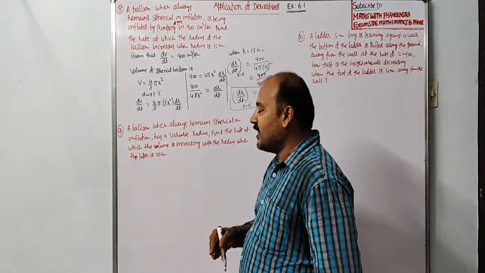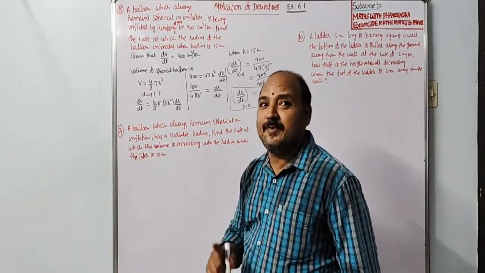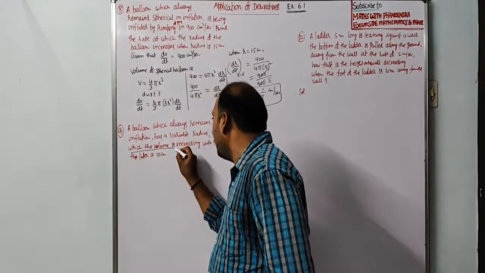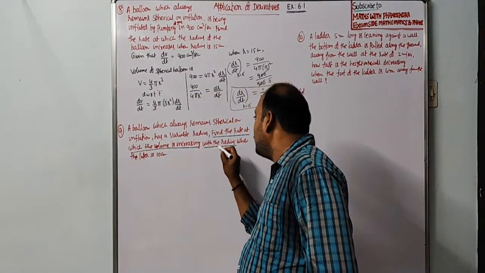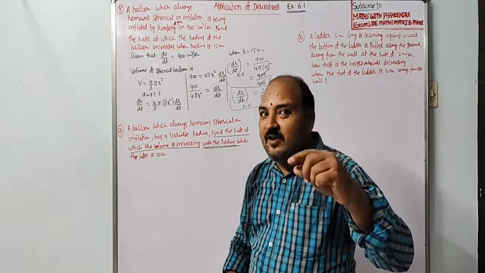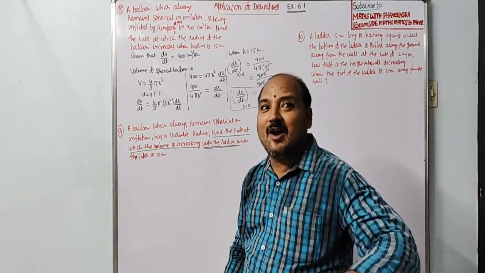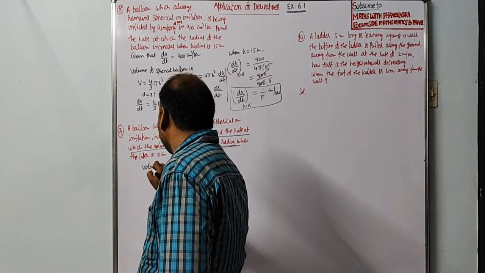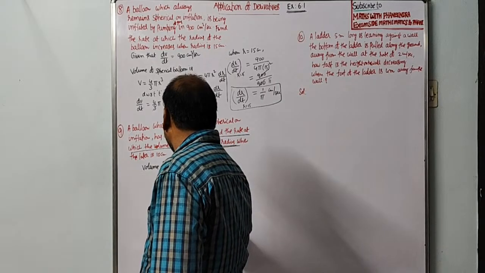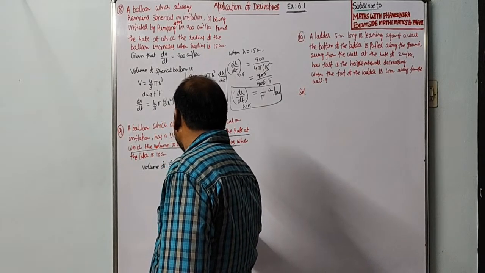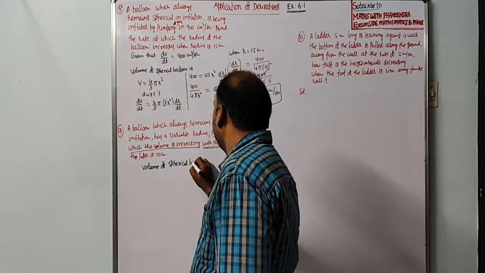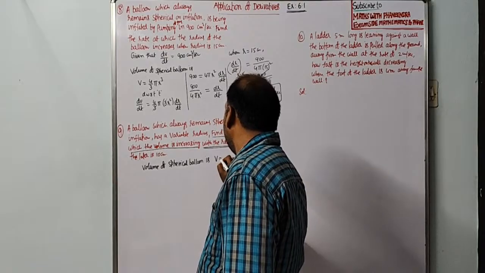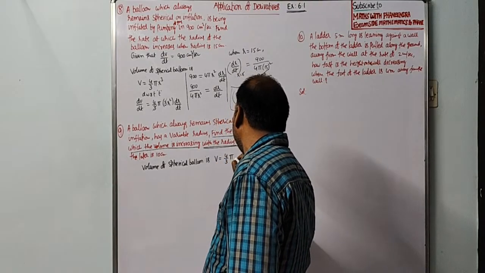Here you need to understand after writing the formula of volume of the spherical balloon, find the rate at which the volume is increasing with respect to radius. That means dV by not dt, dV by dr we can do that. See volume of spherical balloon is V is equal to 4 by 3 pi r cube.